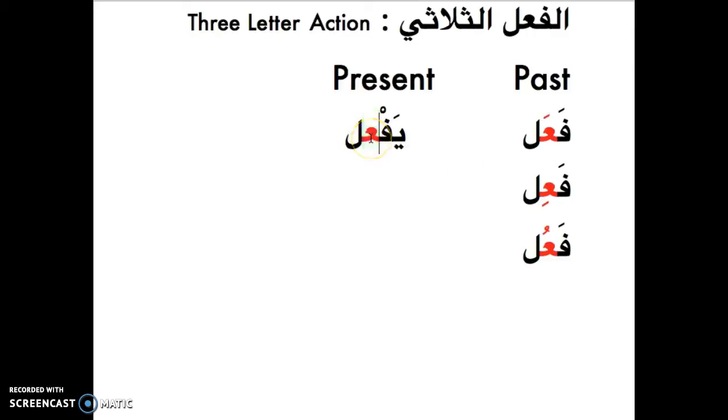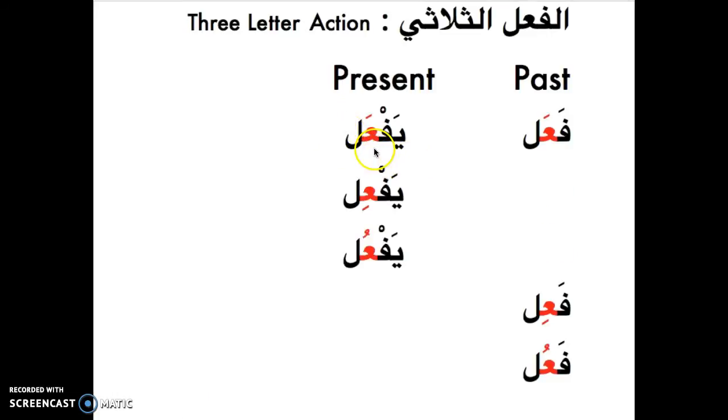So it will either be open or broken or closed, so a, i, or u. So يفعل, يفعل, يفعل. Those are our variations. Those three would look like that.